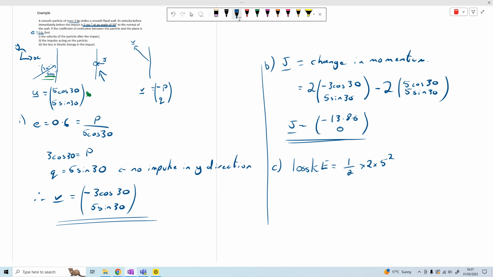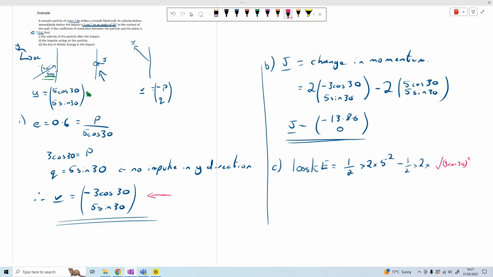And then I'm going to take away its final, which is going to be a half times 2 times, and then I need to use some Pythag on this. So I'm going to do the root of 3 cos 30 all squared.